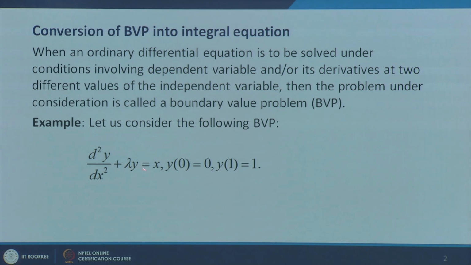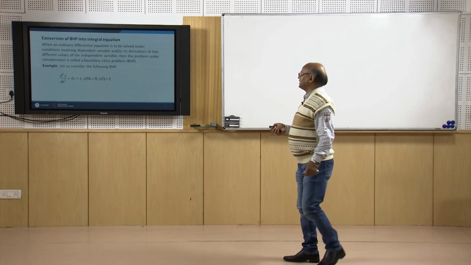You see here we have a second order differential equation, d squared y over dx squared plus lambda y equal to x, where the values of the dependent variable y are given at two values of the independent variable, that is 0 and 1. We are given y(0) equal to 0, y(1) equal to 1. So we shall convert this boundary value problem into an integral equation, and we shall see that we get a Fredholm integral equation of second kind.